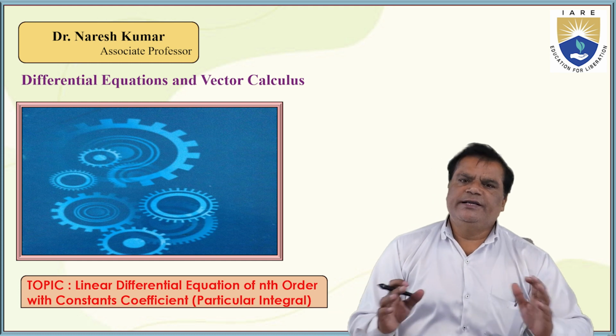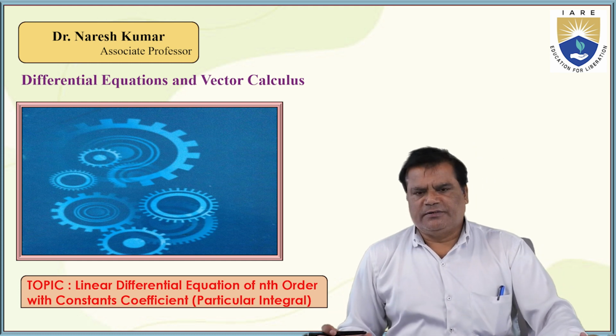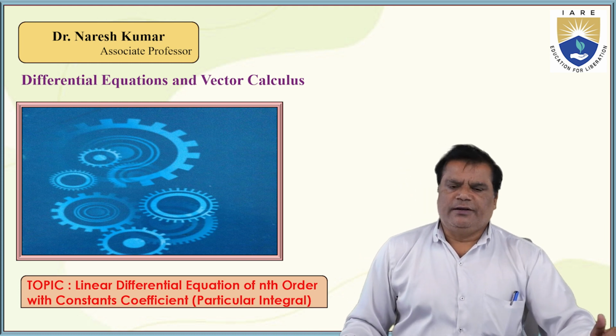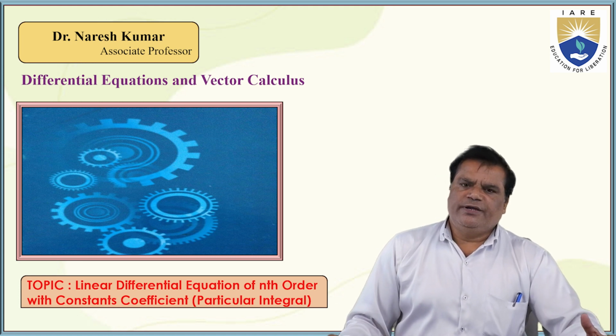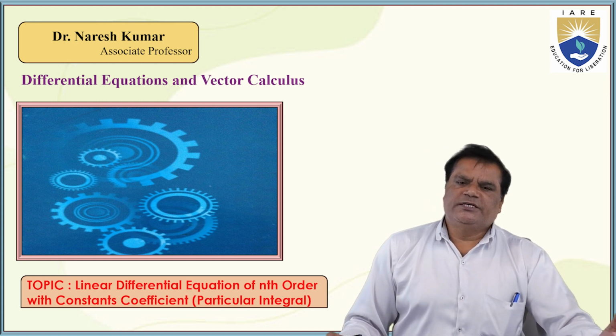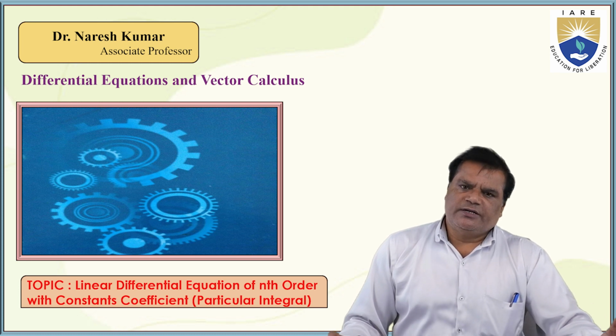The solution is divided into 2 parts. One part is complementary function and other part is particular integral. So the complete solution is y equal to CF plus PI, complementary function plus particular integral.